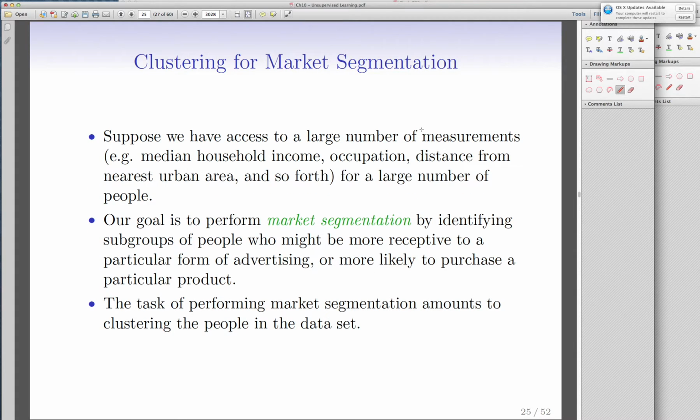So let's say we have a large number of measurements, for example, median price of homes, occupation, distance to the nearest urban area, and so on and so forth. And let's say we have these observations for different people, and we want to segment them together.